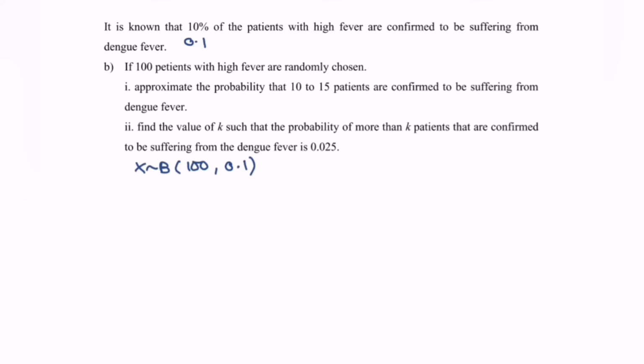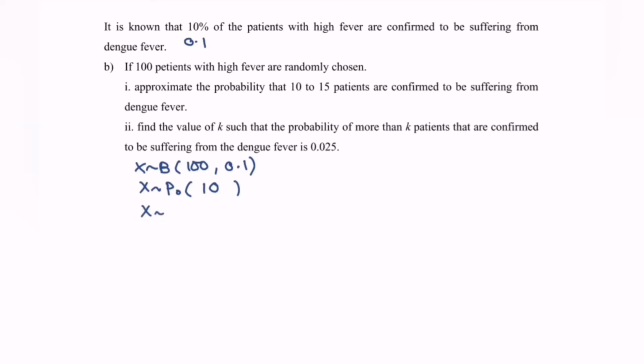Here we have n which is greater than 50. So what we have to do is to change the title. X is Poisson distributed with lambda where we have np. So the lambda will be equal to 10. By referring to the situation, the lambda must be less than or equal to 5, then only is it suitable to use the Poisson distribution.